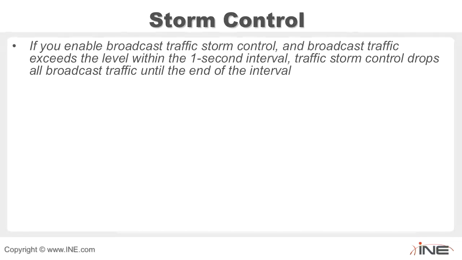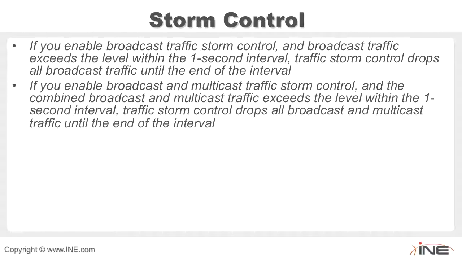And for the documentation, I copied just a couple pieces out of the Cisco.com documentation website. Basically, it states the same thing: if you enable broadcast storm control and broadcast traffic exceeds the level within the 1 second interval, storm control drops all that broadcast traffic until the end of that 1 second interval.